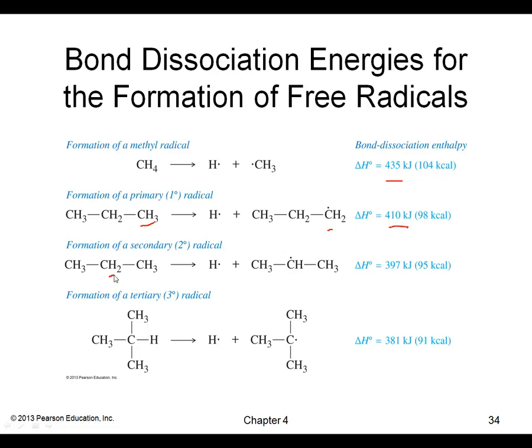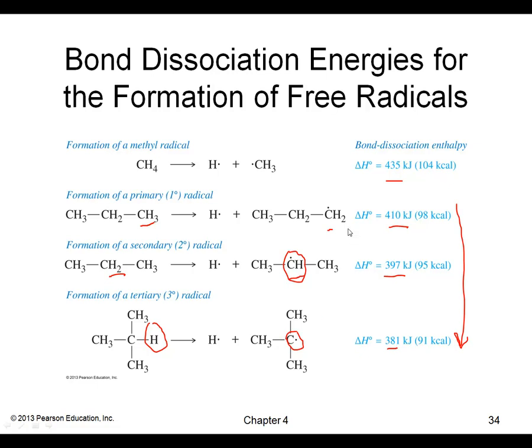To form a secondary radical, look at that, the energy goes down even more. And lastly, if I want to take off a tertiary hydrogen to give a tertiary radical, the energy goes down even more. So here what we find is the energy decreases as I have a higher number of carbons on the radical.